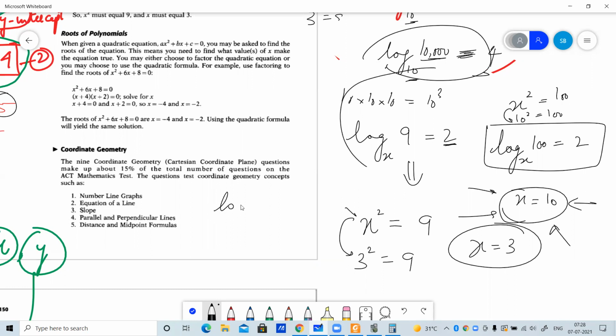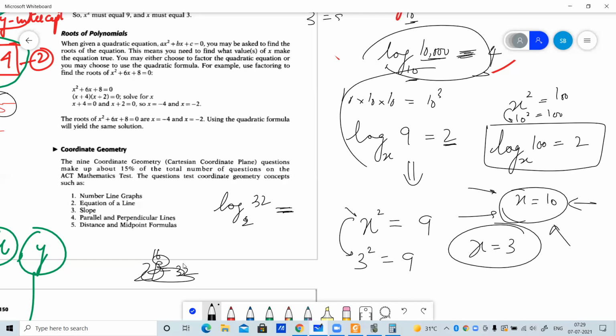So log of 32 to the base 2 is how much? Log of 16. Does that mean 2 to the 16 is 32? Oh. 15.